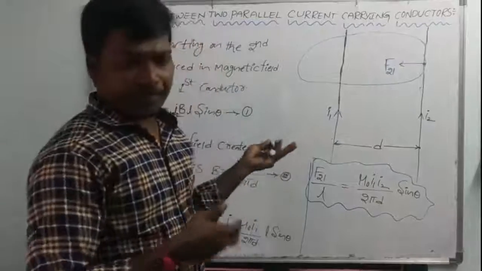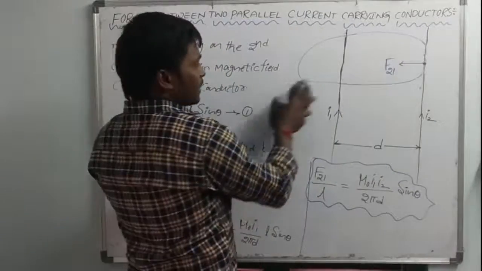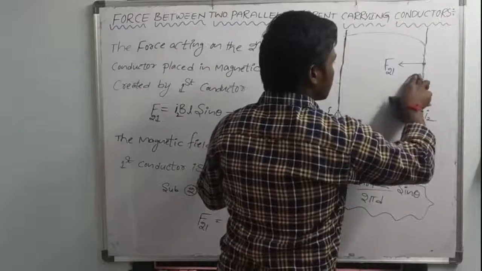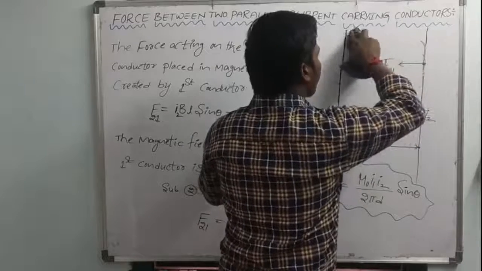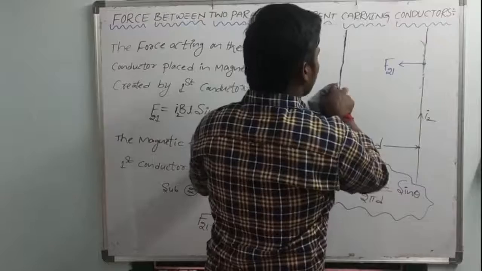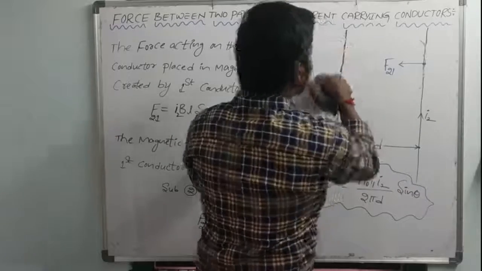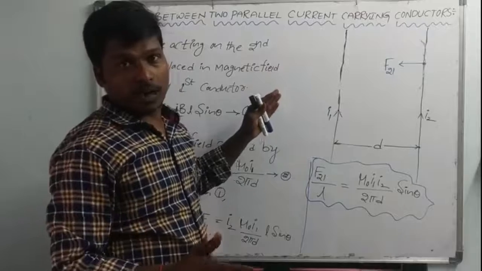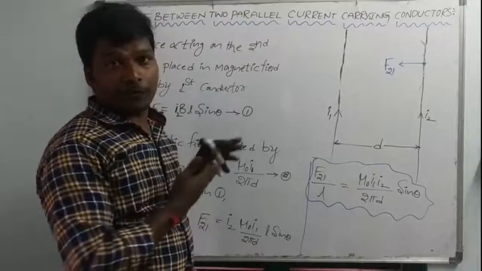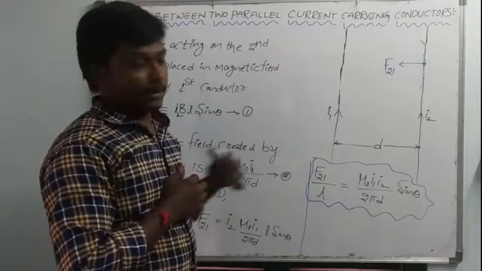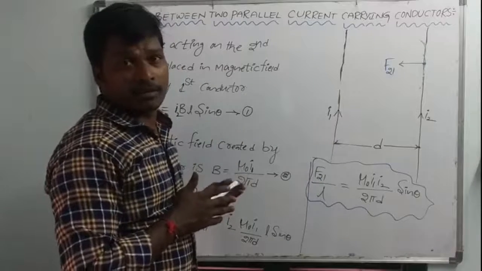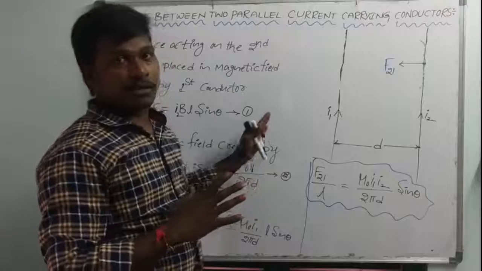Now just the same, this current carrying conductor is producing a magnetic field. I hope you understood this one, how I did this procedure. If you understood this, the next procedure is easy, quite similar to this procedure.